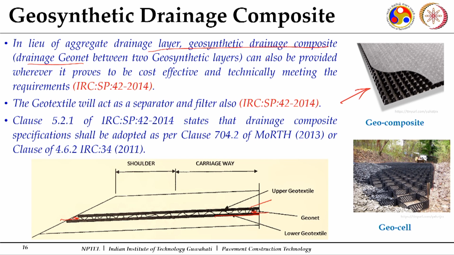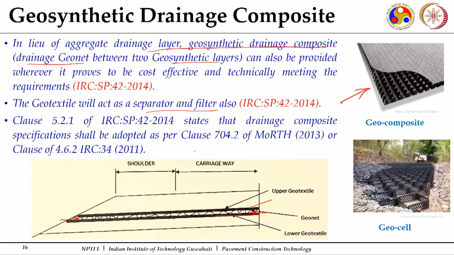So, it says in lieu of the aggregate drainage layer, geosynthetic drainage composites, where a geonet between two geosynthetic layers can be provided. Here you have a very controlled environment, because with aggregate the gradation has to be continuously monitored. Yes, it will add to the cost definitely, but the amount of improvement in the subsurface drainage obtained to secure the life and performance of the pavement is very good.